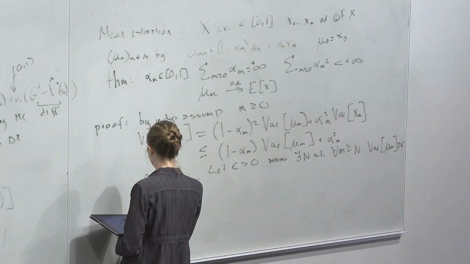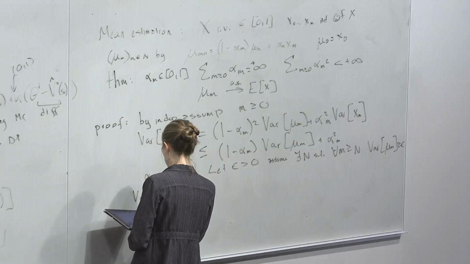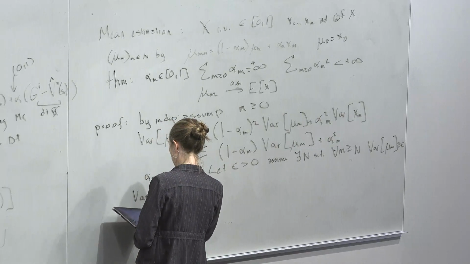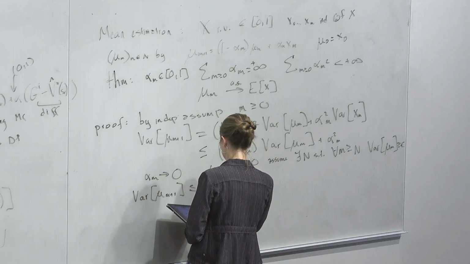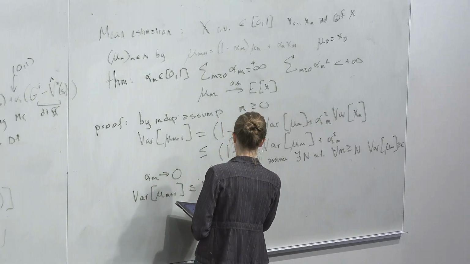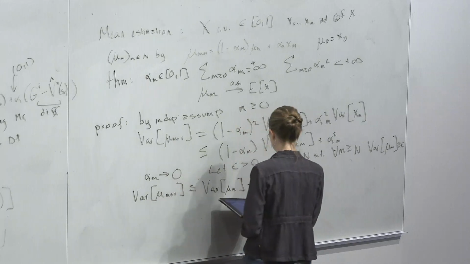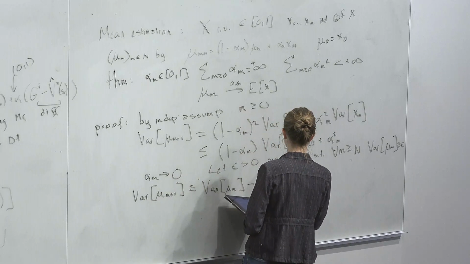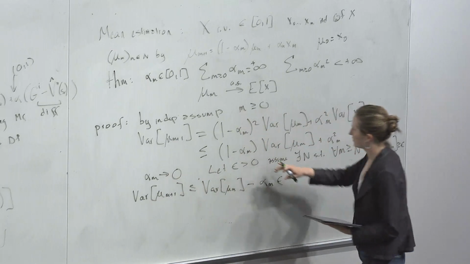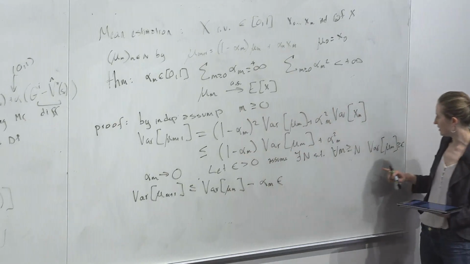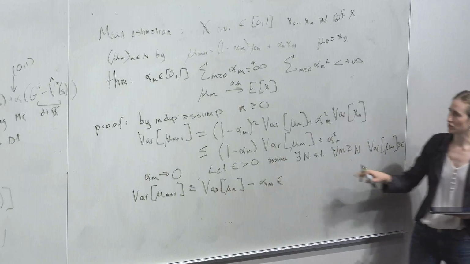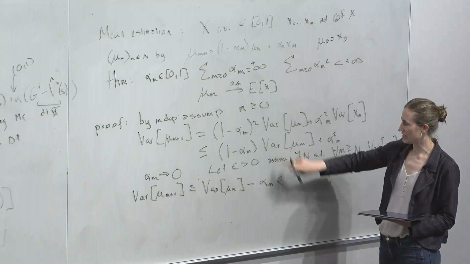Okay. So what would this imply? This would imply that the variance of our estimator is less than or equal to the variance of the previous estimator, minus alpha m epsilon. Because we're saying that its variance is at least epsilon, I'm just plugging that in for the variance there.